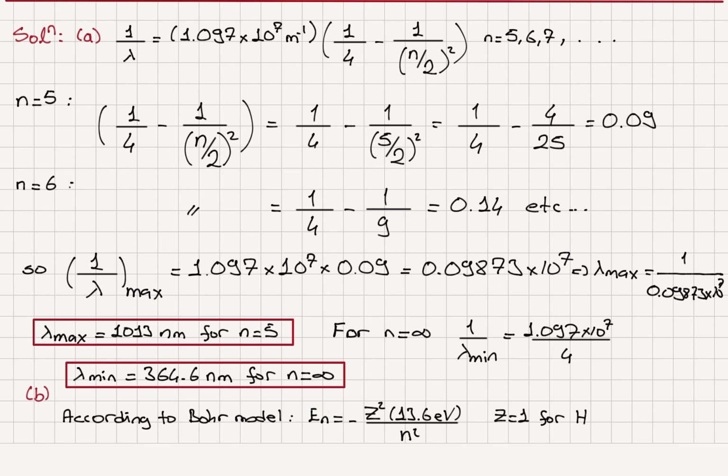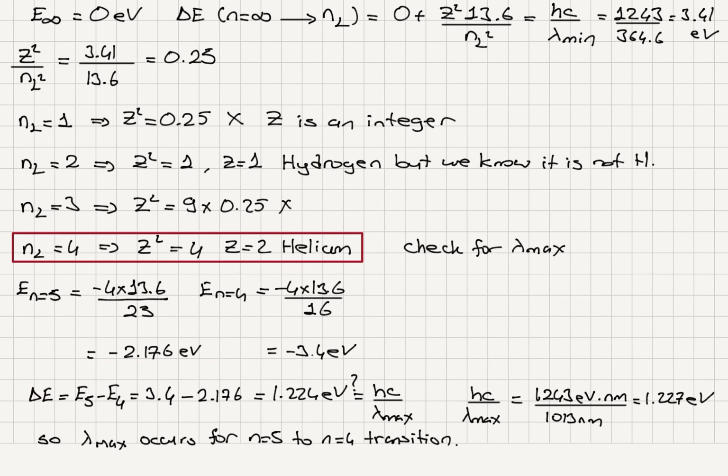The energy levels in the Bohr model are given by minus z squared 13.6 eV over n squared, where z is the atomic number, equal to 1 for hydrogen. For the transition from n equals infinity to the final quantum number n sub L, we have z squared 13.6 over nL squared, that's hc over lambda minimum, 3.41 electron volts.